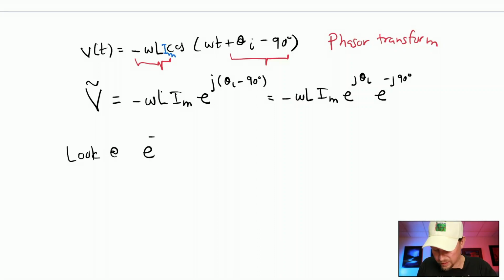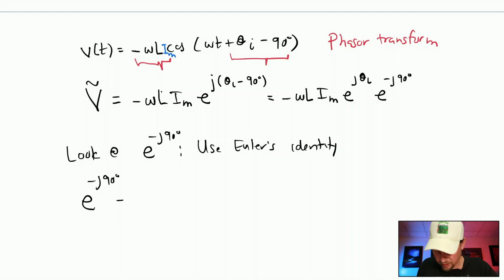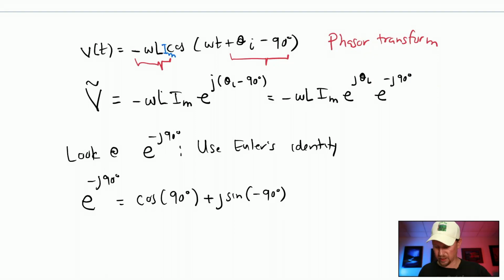Notice that I can actually use Euler's identity on this, in the following manner. And I can rewrite e to the minus j times 90 degrees as the cosine of 90 degrees plus j times the sine of minus 90 degrees, like this.